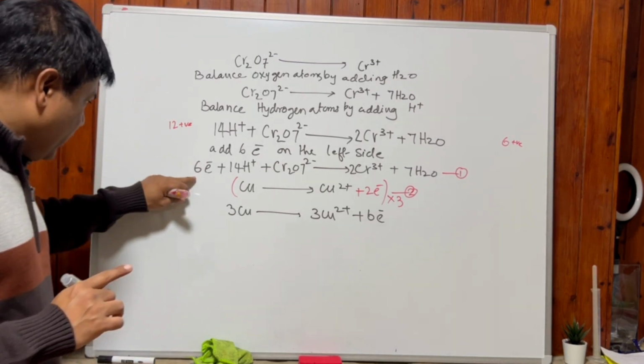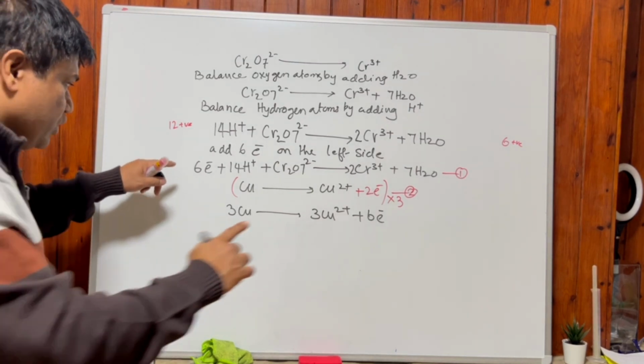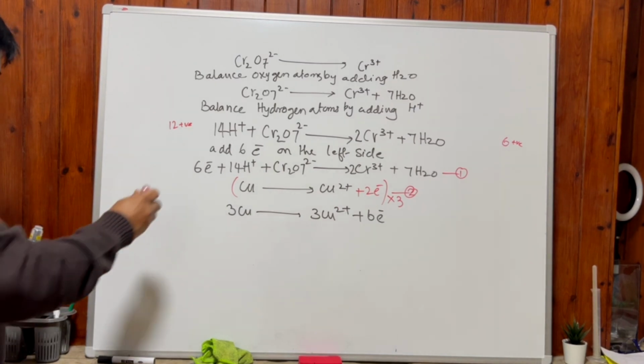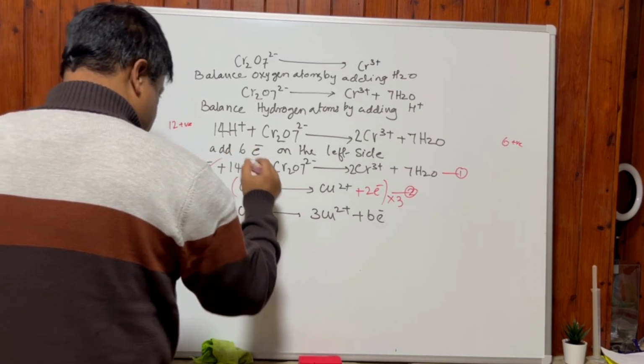Check the position of the electrons. What do you mean, sir? The electrons should not be on the same side, otherwise we have to add the electrons. The electrons should be on opposite sides. Now look at the number of electrons, here on the left side, here on the right side. Can we cancel? Yes, cancel.